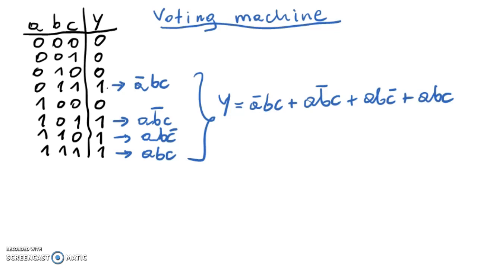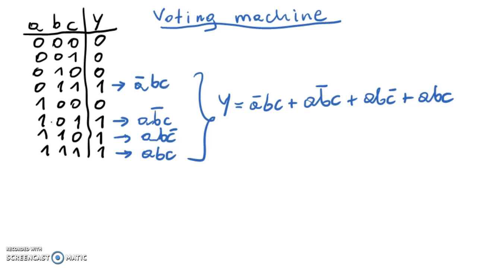For each row where you have a 1, you construct the full product containing all the variables, and you put a dash, or complement symbol, or inversion symbol, on those variables which are 0 in this row. So in this case you've got only A equal to 0, so that's why you put a dash only above A. B and C are 1, so they are in the product without any inversions.